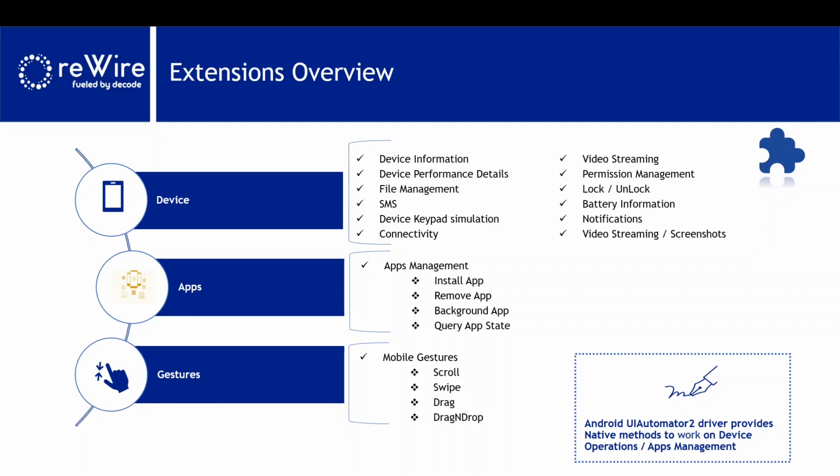At the same time, there are the gestures that are related to scroll, swipe, drag, and drop. We might have seen UiScrollable where we have certain methods. Those methods came from the Android native, but these are the methods driven by the Appium team, which reside on top of the Android layer and use the Appium methods.